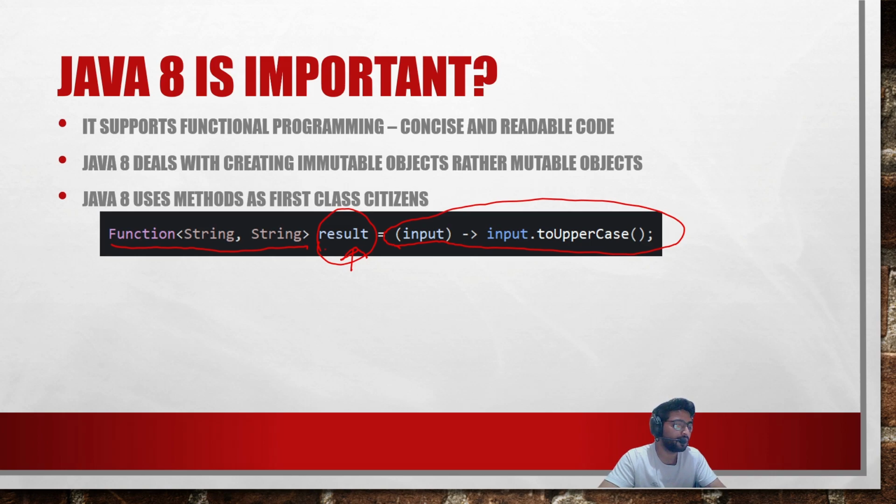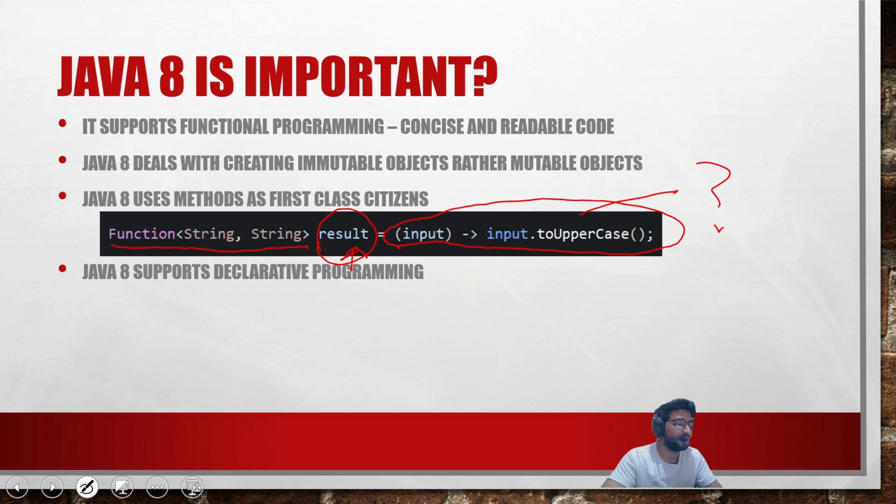And don't worry about what a functional interface is and what this lambda expression is. I will cover these in our later tutorials. Let's see our next point. Java 8 supports declarative programming, and this is the most important. In comparison to imperative programming, Java 8 supports declarative programming. What is declarative programming?